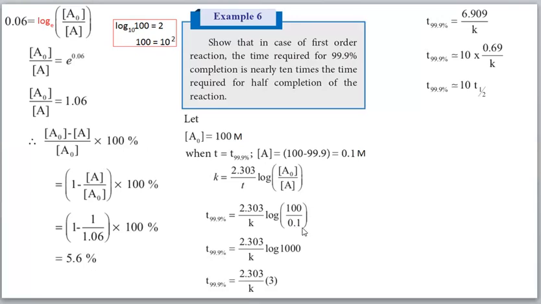Then 0.1 means 10 to the power minus 1. When it moves to the numerator, we get 10 to the power plus 1, that is 10. 10 into 100 is 1000. So T 99.9% equals 2.303 into log 1000 by K. Log 1000 is 3. So T 99.9% equals 2.303 by K into 3.